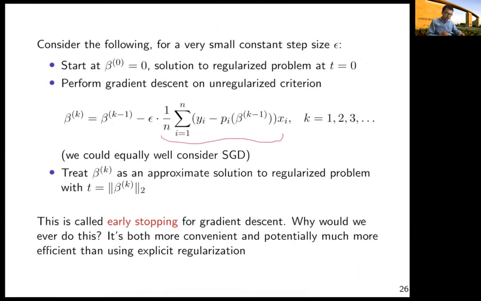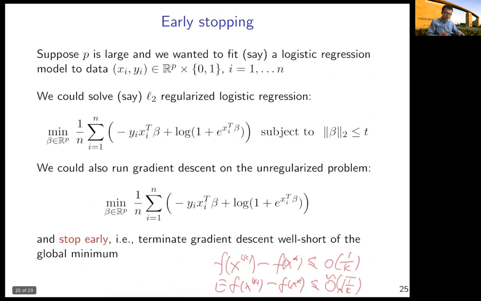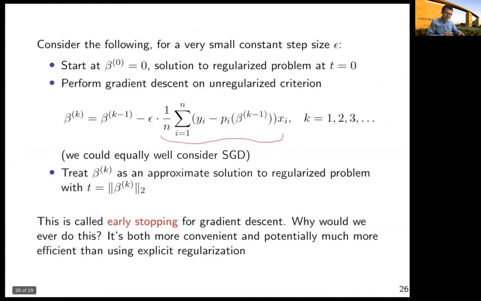It turns out that the solution beta_k is actually very similar to the constrained version of the problem, where you have this additional constraint with t chosen to be exactly the same as the 2 norm of the current iterate.